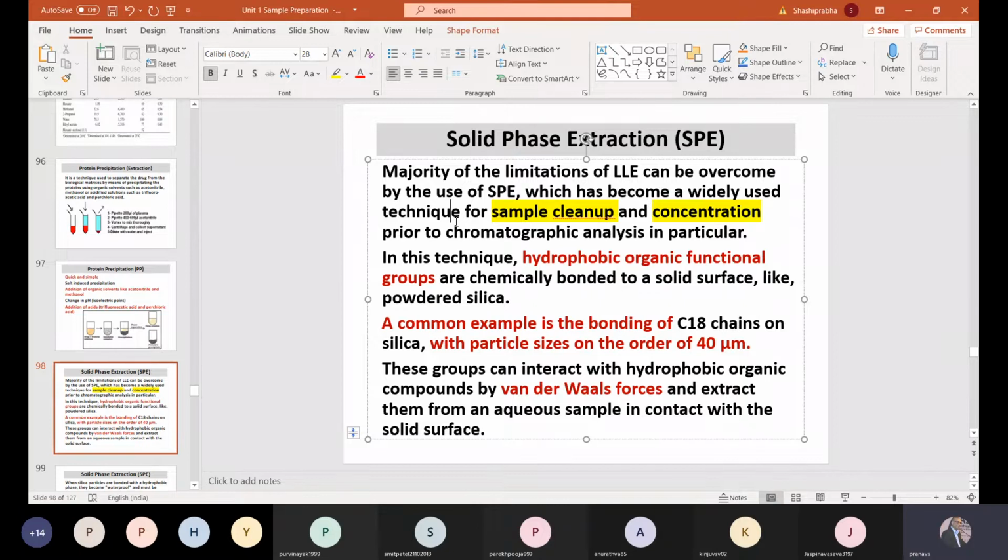These are the free silanol groups in the solid phase in SPE. Now, we say that it should be hydrophobic, but essentially this is hydrophilic. These OH groups can be ionized. So definitely silica needs to be chemically modified.